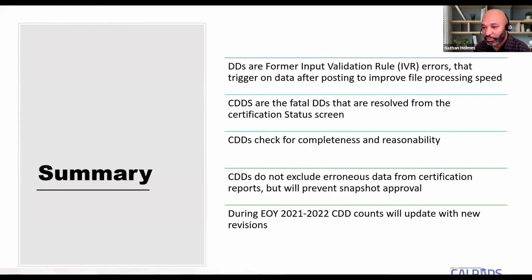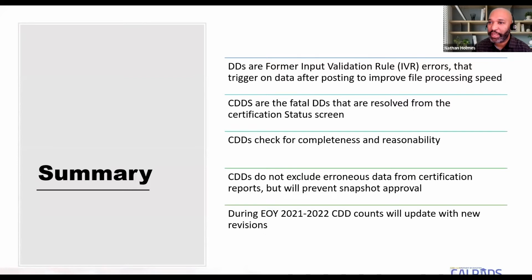CDDs do not exclude erroneous data from certification reports, but prevent snapshot approval. So that's a distinction between those cert errors and the CDDs. Cert errors often will not include a student on your snapshot report. So if you have a cert 004, the student won't be included in your fall one enrollment counts.